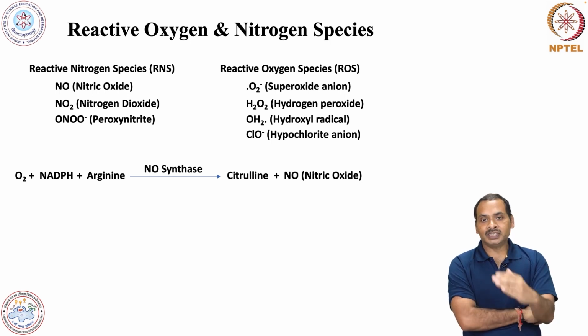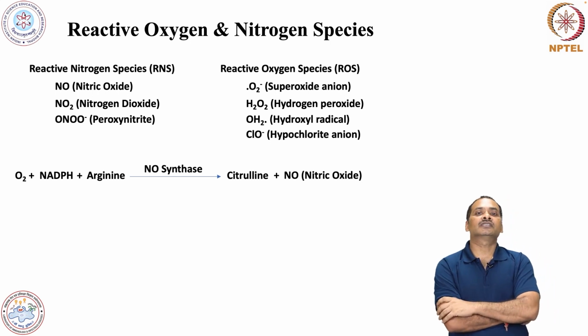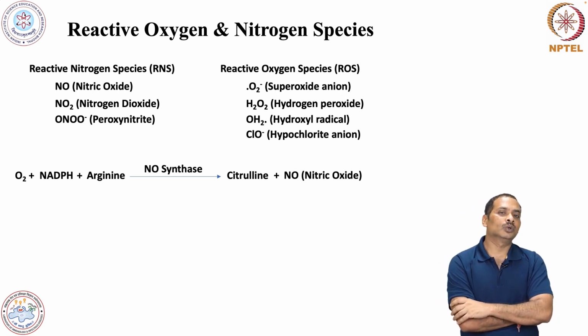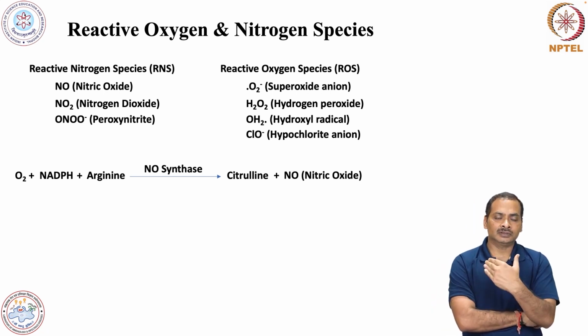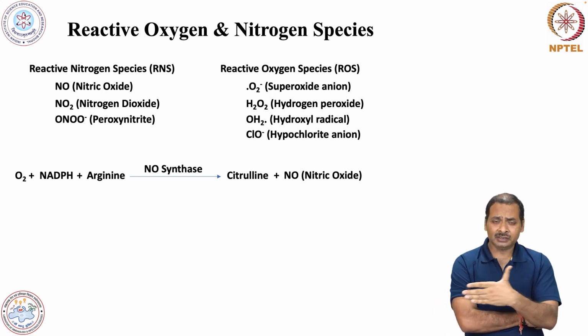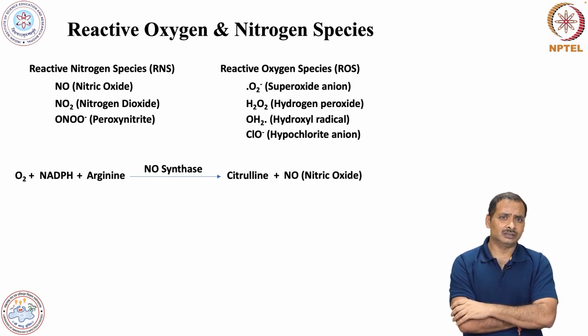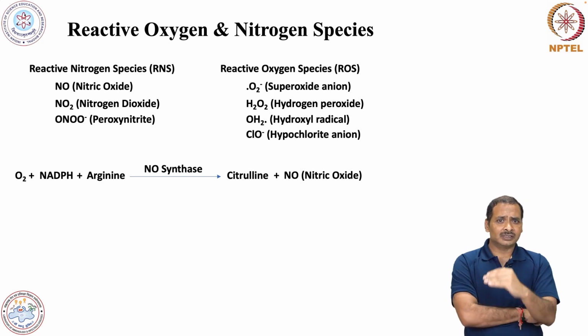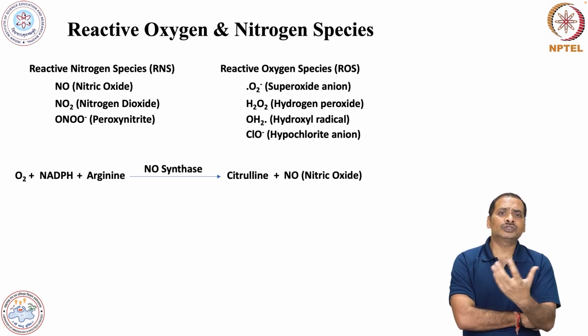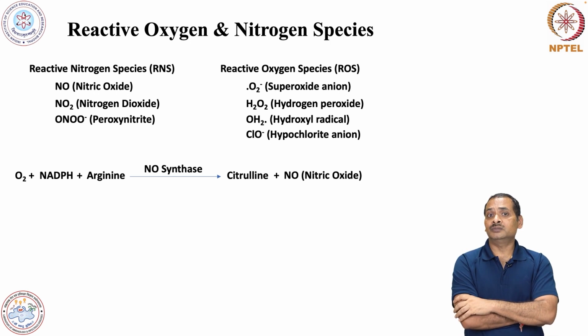Besides this, nitric oxide plays a very important role in a variety of situations. The most important is that nitric oxide is a vasodilator. So it means any source of nitric oxide can protect the human from cardiac arrest.